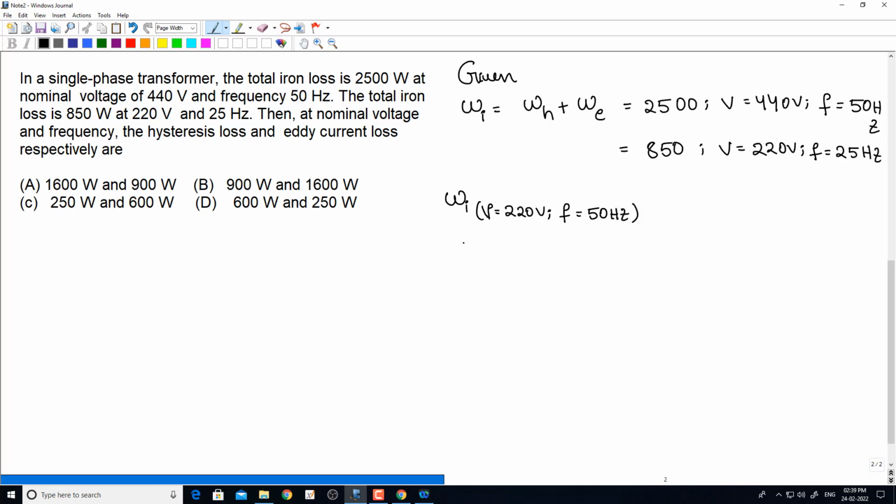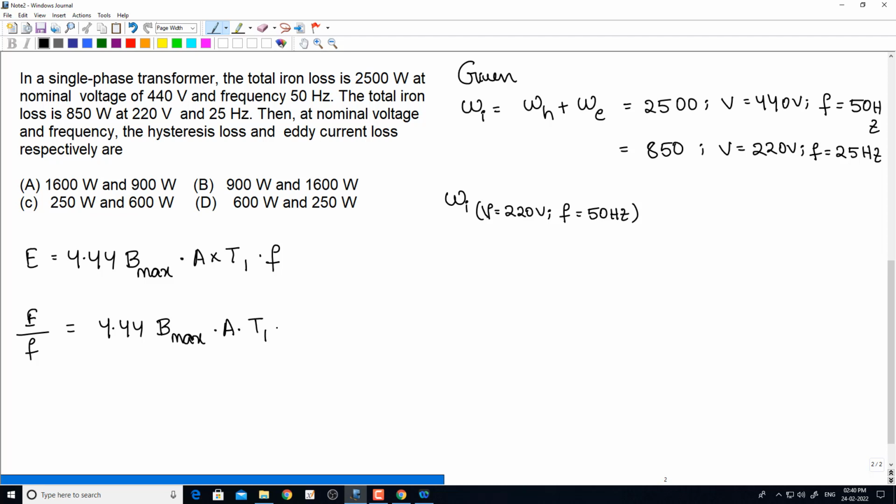Also, as we have discussed previously, EMF induced in the transformer is given by E is equal to 4.44 into Bmax into A into T1 into F. So, if we divide both sides with frequency, E by F is equal to 4.44 into Bmax into A into T1.